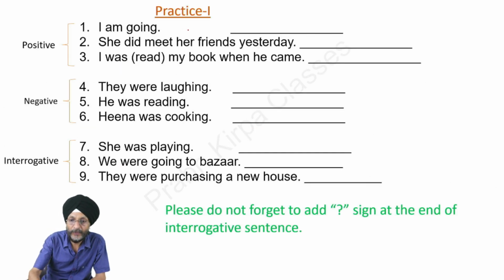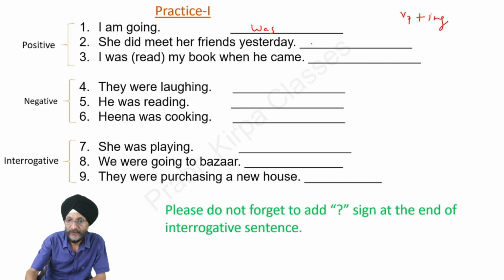Now we are to do the practice of this sentence. "I am going." As already told, the helping verb used is "was" or "were." Here, "I was going." "She did meet her friends yesterday." You have already observed that here we have to use the verb in the first form plus we have to use ing.